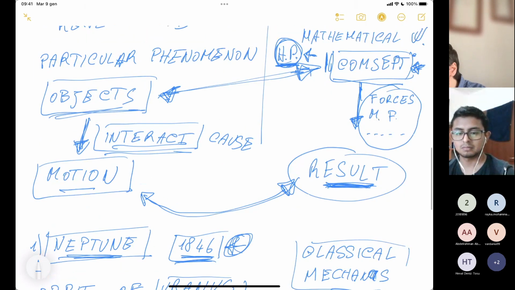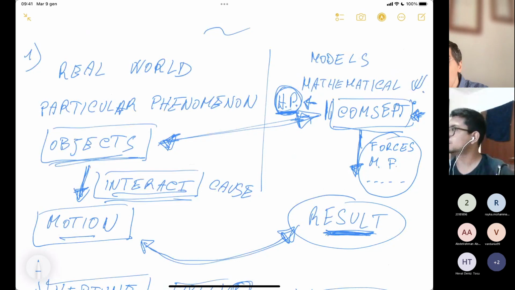But at the end of the story, this is an example which is very interesting, because you see, a really good model is a model that allows you, if the hypotheses are correct, to predict some new phenomenon.